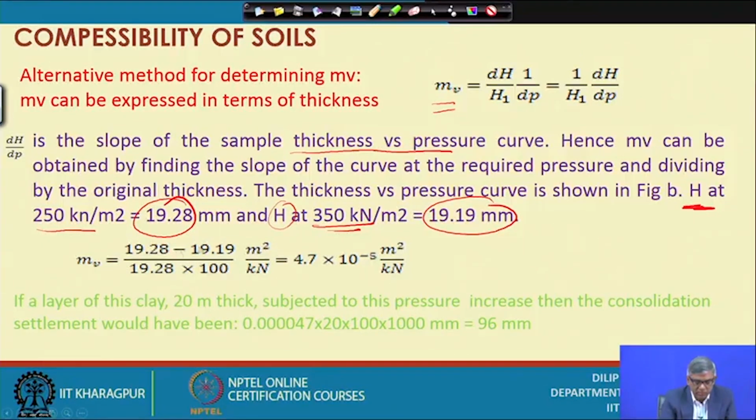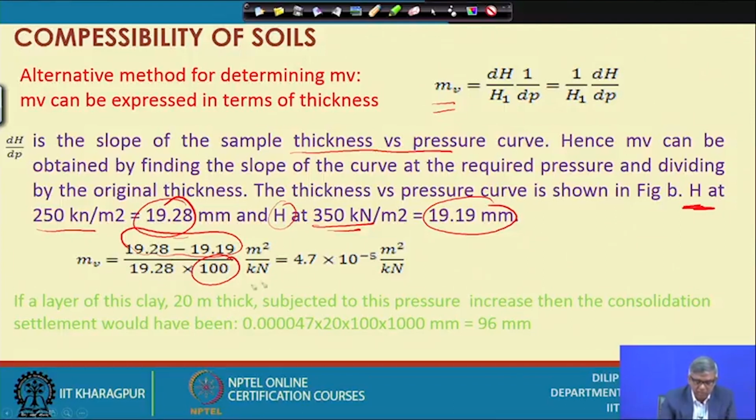So, del H is 19.28 minus 19.19, and your del P is 100. So, del H by dP divided by the original thickness H1, which is 19.28.